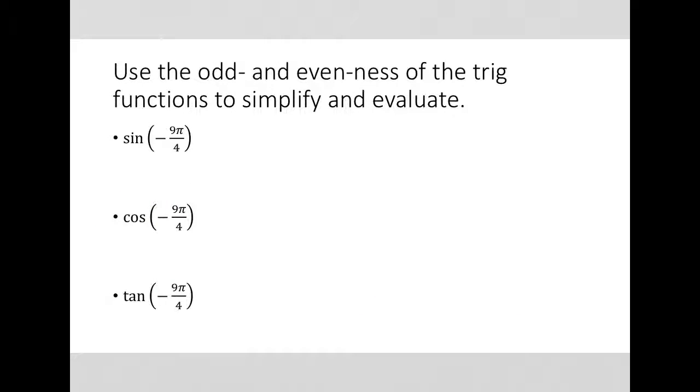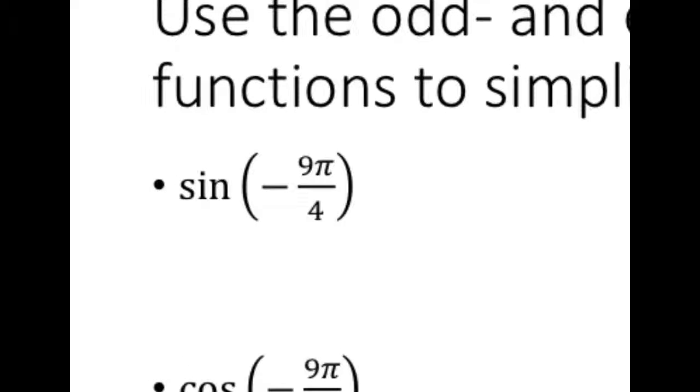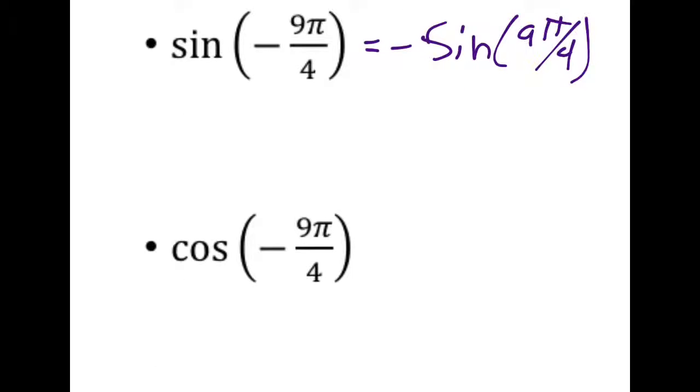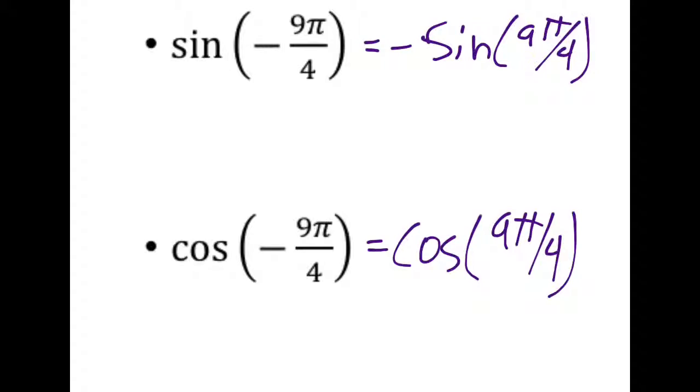So we obviously have graphical implications with that, but we also have algebraic implications. If we have sine of negative 9 pi over 4, we could rewrite that as the negative sine of positive 9 pi over 4. If we have the cosine of negative 9 pi over 4, we could rewrite that as the cosine of 9 pi over 4.